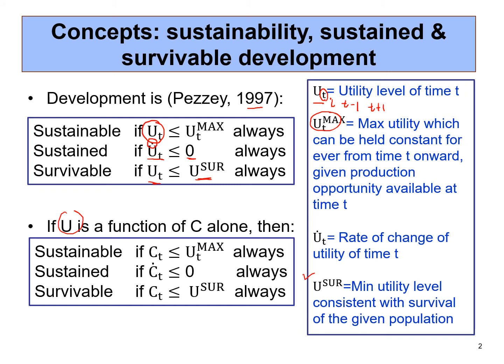Then we can define development as sustainable if current consumption is smaller than or equal to utility maximum. We can define sustained development if the rate of change of consumption is smaller than or equal to 0. And for survival, it is defined if current consumption is smaller than or equal to utility survival. So these are the definitions of development given by Pezzey.